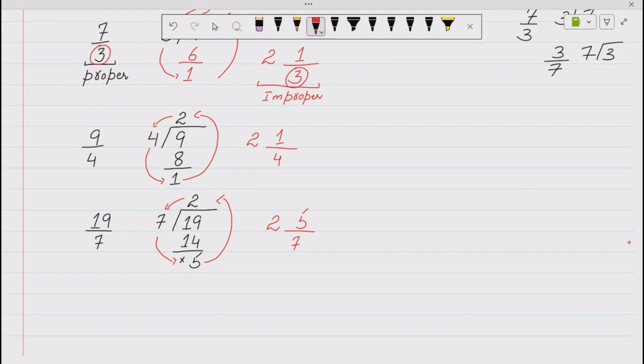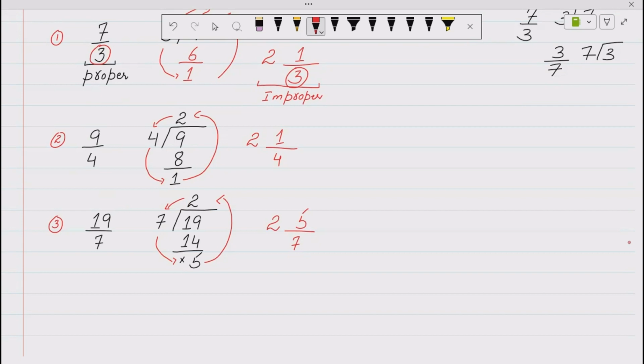But one thing, note that I gave you three examples: example 1, example 2, example 3. In all three examples, I wrote the numerator and denominator such that the numerator is always bigger than the denominator. Like in 7 upon 3, 7 is bigger than 3.